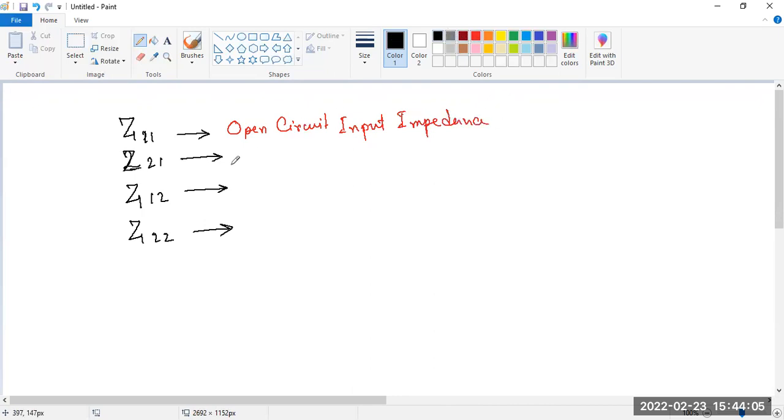Then Z21, that is called open circuit forward transfer impedance.